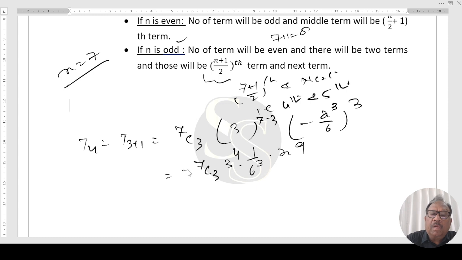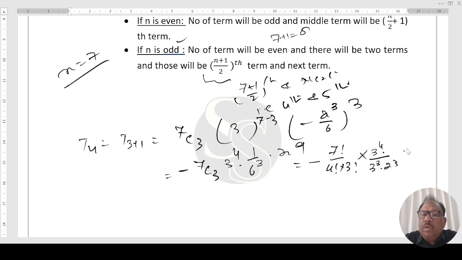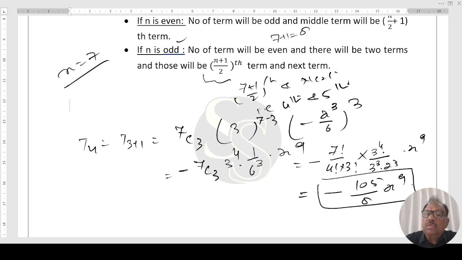Negative sign. If we simplify it, minus factorial 7 into factorial 4 into factorial 3 into 3 to the power 4 upon 3 to the power 3 into 2 to the power 3 into x to the power 9. Simplify it. On simplification the answer will come out to 105 upon 8 x to the power 9. This is one of the answers.